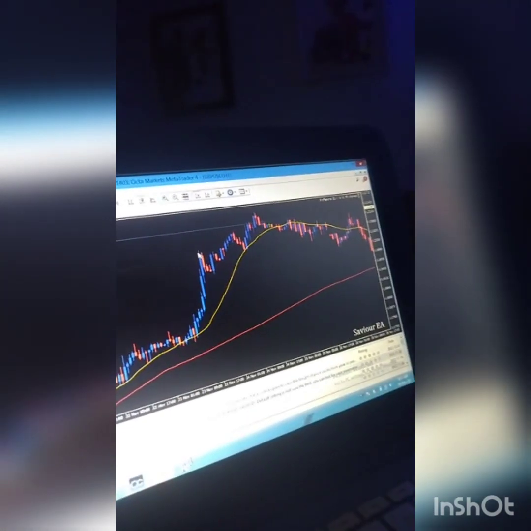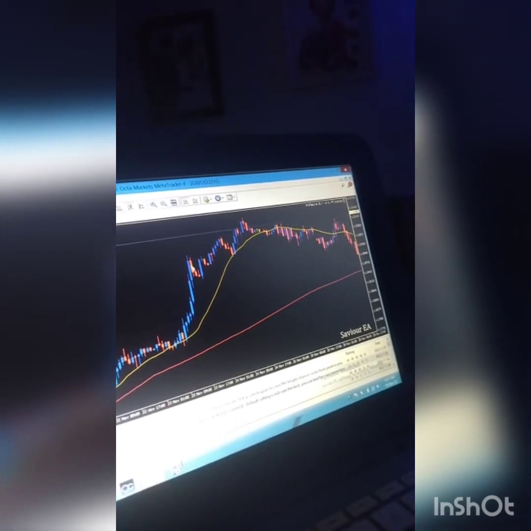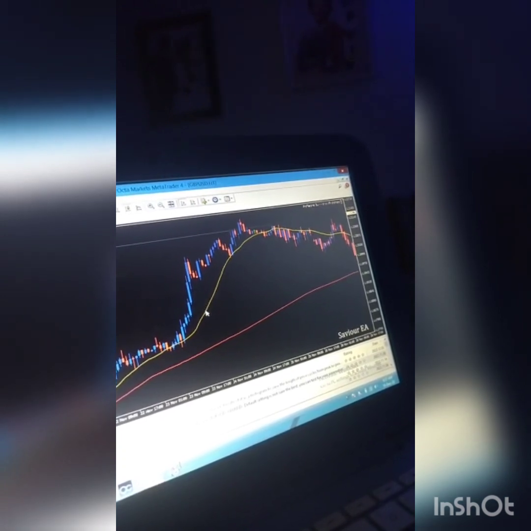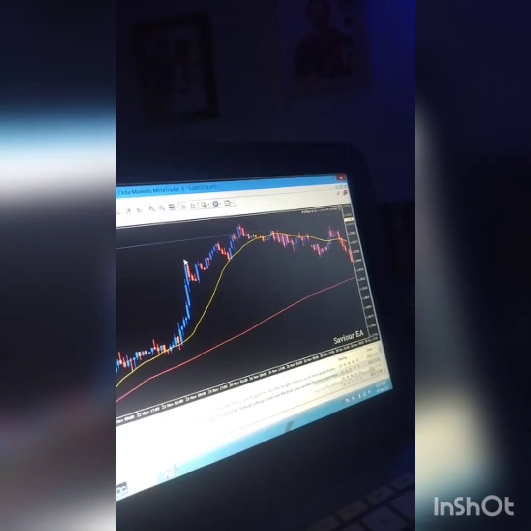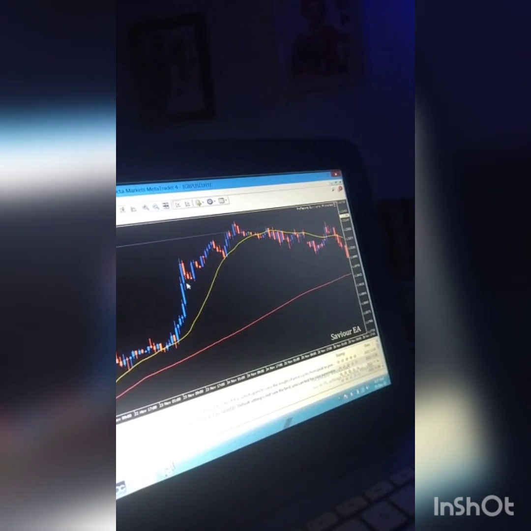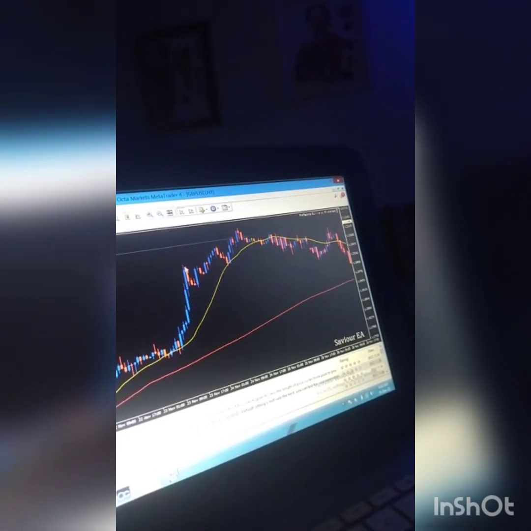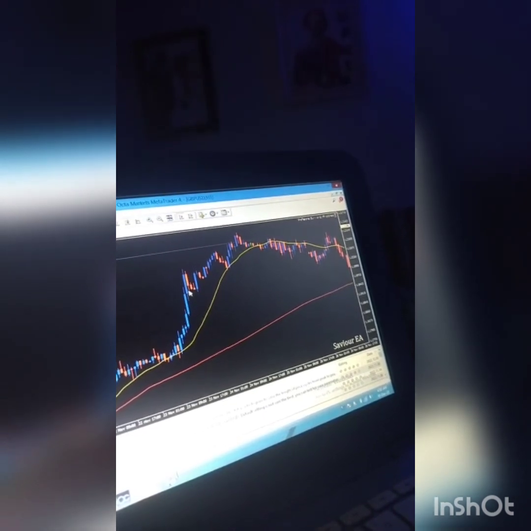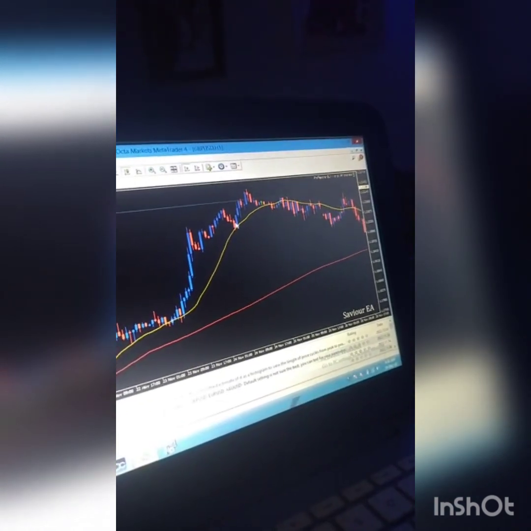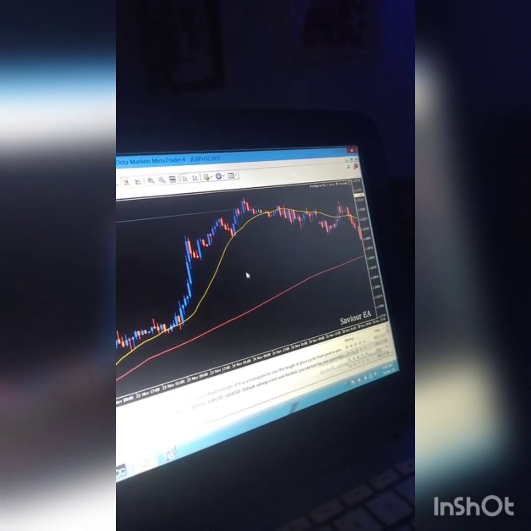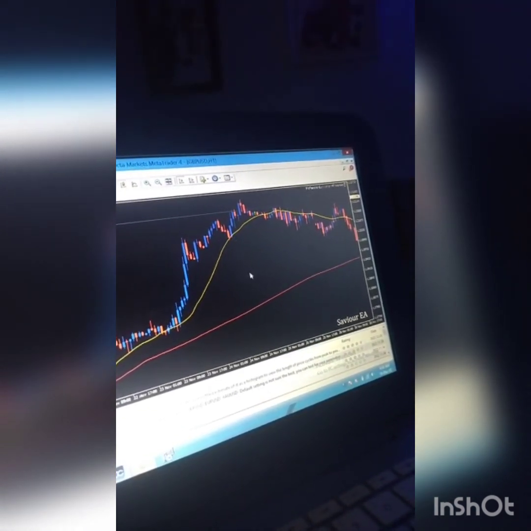As at when price was here, SMA 20 was here. So it was far from each other. You're supposed to leave the market because it is far from each other and look for another entry. We cannot enter this one because these two moving averages are far from each other.